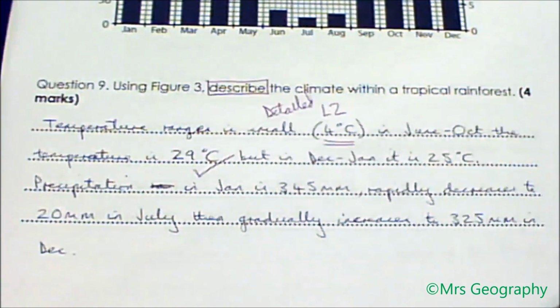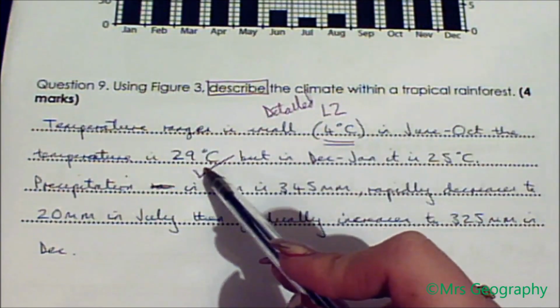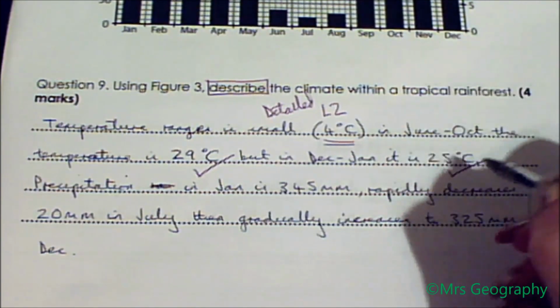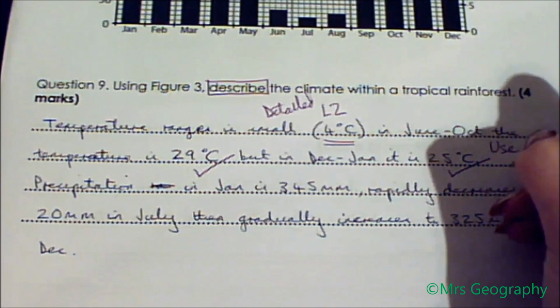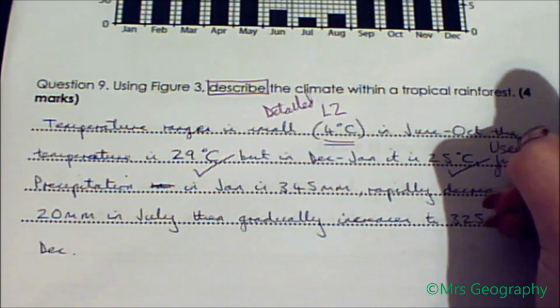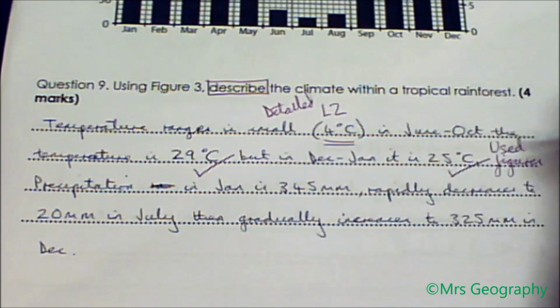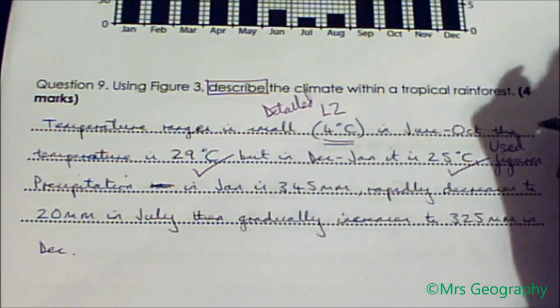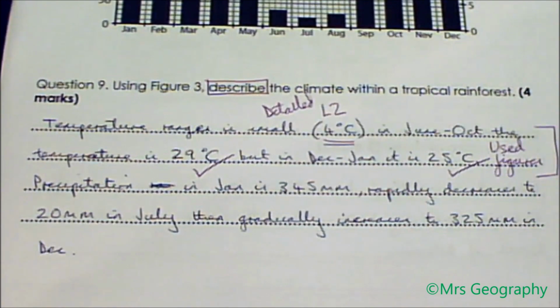Yes, it is. And they will always check your answer and your figure is correct. But in December to January it's 25. Again, that is correct. So they have used figures. They have used detail. So this would be a level 2 answer.